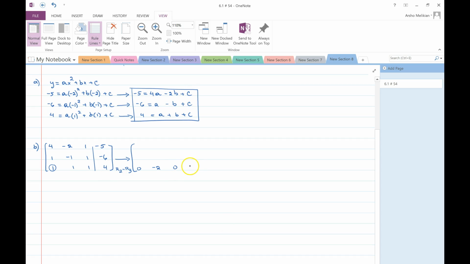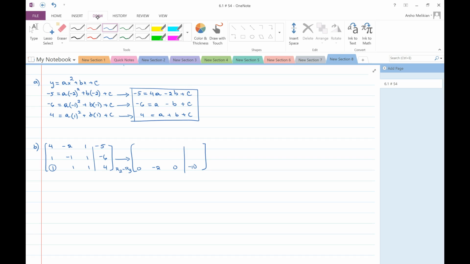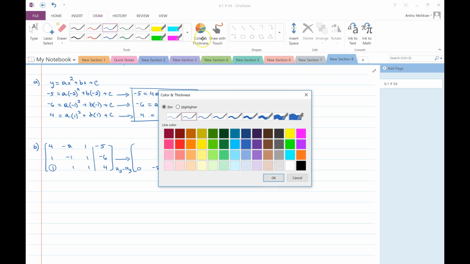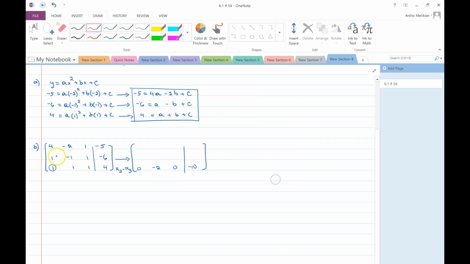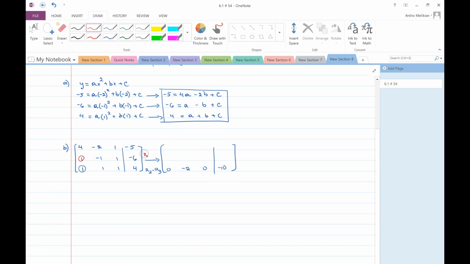Negative 6 minus 4 is negative 10. Now, how about in the same step, we also get rid of this one? Okay, how can I get rid of that one? R1 minus 4R2. Okay, yeah.